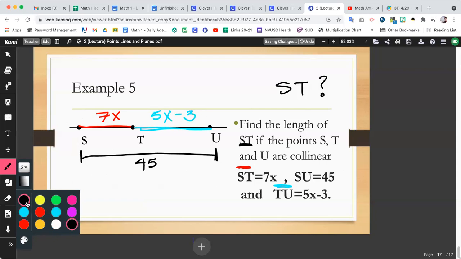Okay. So I need you to help me set up this equation. Red plus blue equals the whole distance across. Okay. Red plus blue equals 45. That's how we set up our equation every single time. Okay. So let's count up our x's. I have 7x and 5x.